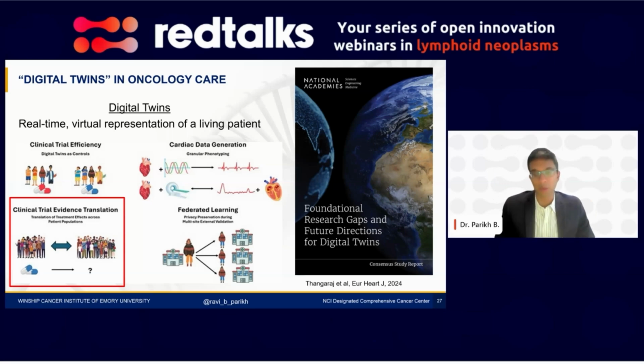But there are other ways that we could use a model like this. For example, we could use it for more direct clinical decision support. Could you use this in real practice to identify which patients are more or less likely to look like the patients that were in the clinical trial? We can also use these computational representations as control arms in clinical trials, as you can see in the top left.